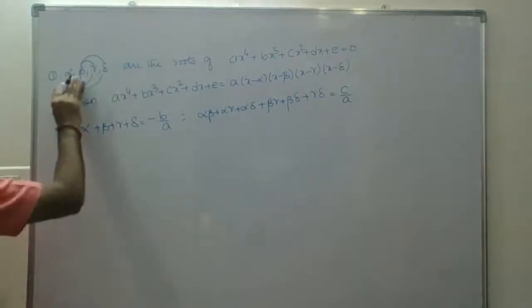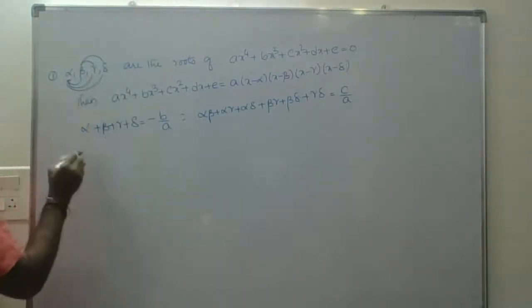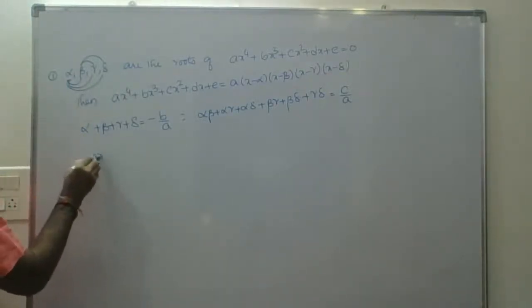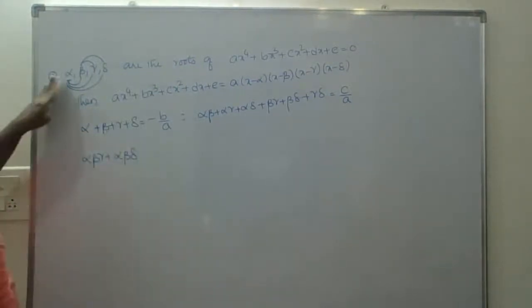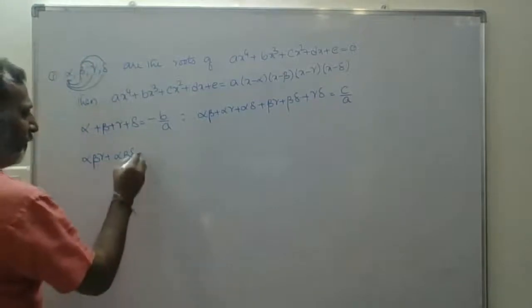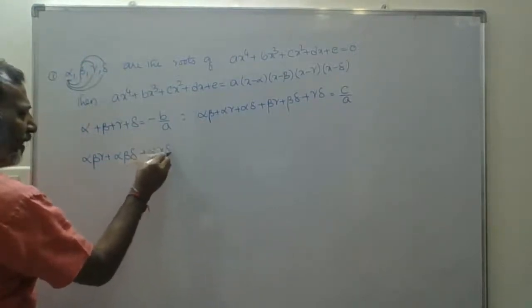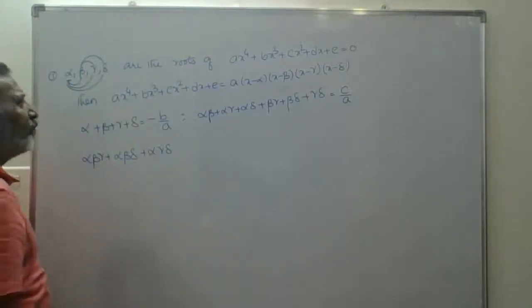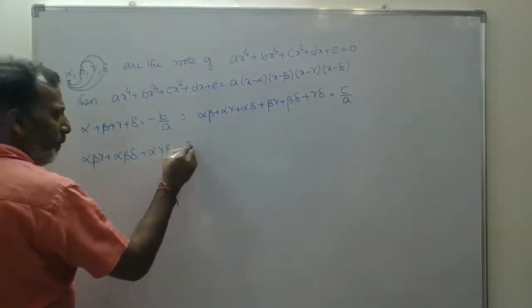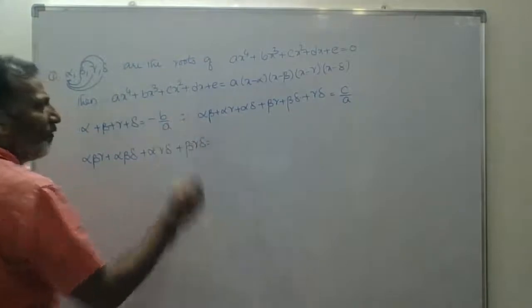Now taken three at a time. Children, first fix alpha beta. Alpha beta gamma plus alpha beta delta. Alpha beta combination is over. Remove beta. Plus alpha gamma delta. Now all possibilities with alpha are over. Plus beta gamma delta. What is this?